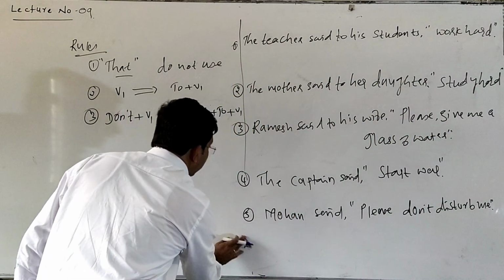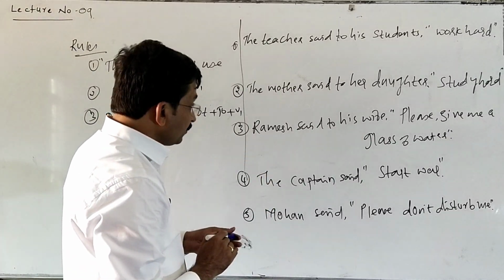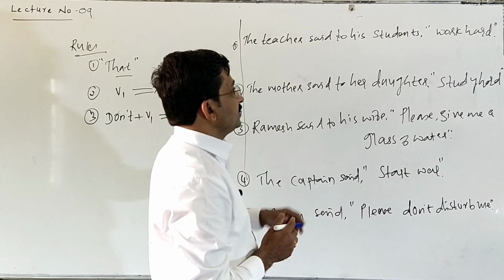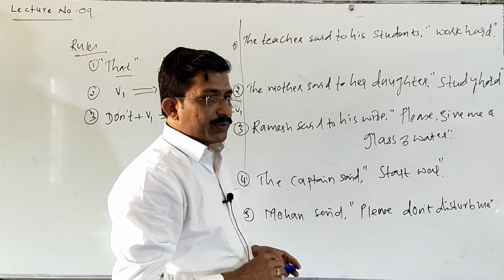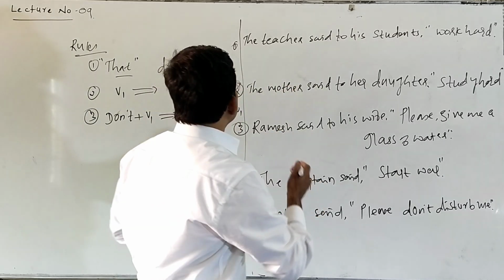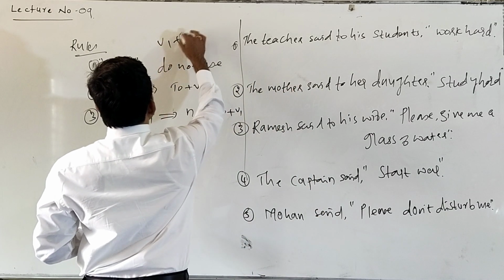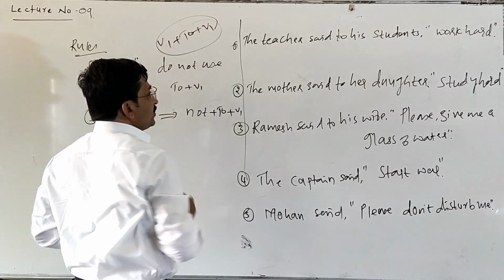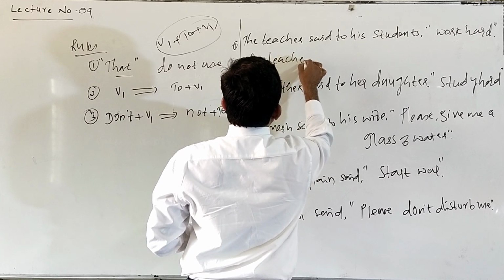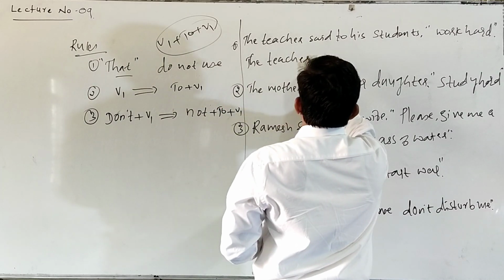Now we'll solve these questions. Some are with negative and some start with a positive statement. The teacher said to his students, "Work hard." What is the rule? V1 should be changed into to plus v1. We should not use that. See here, the teacher advised his students to work hard.